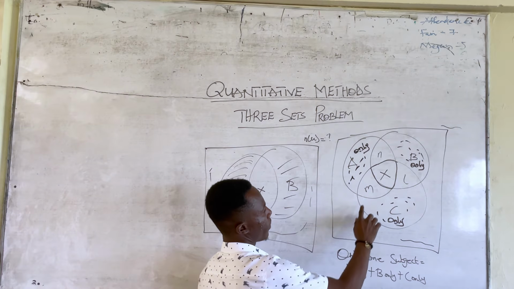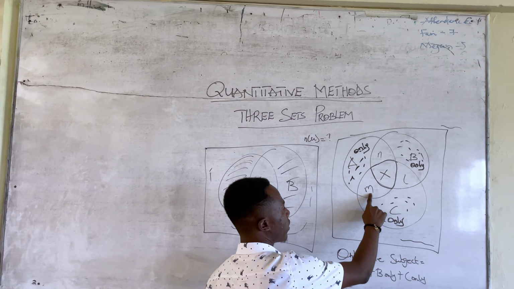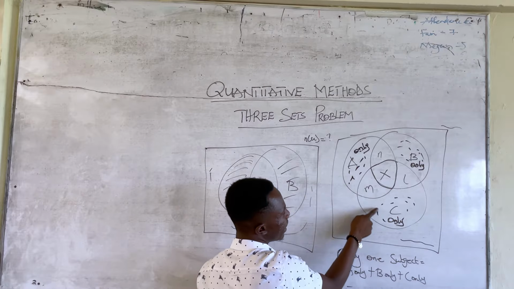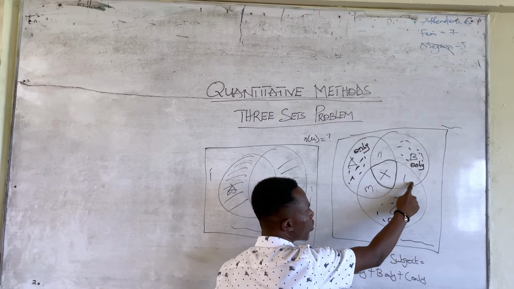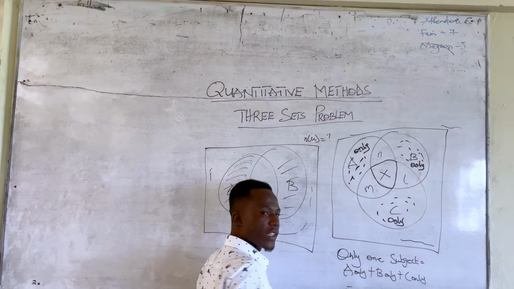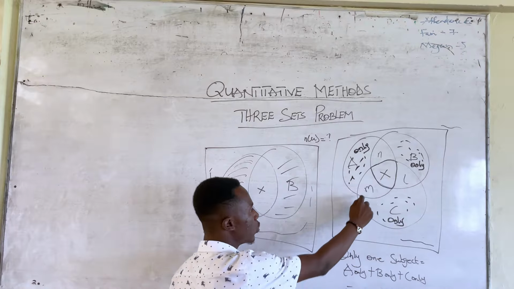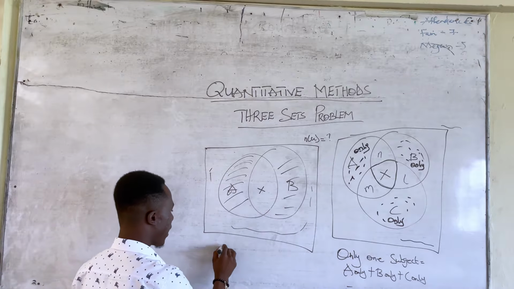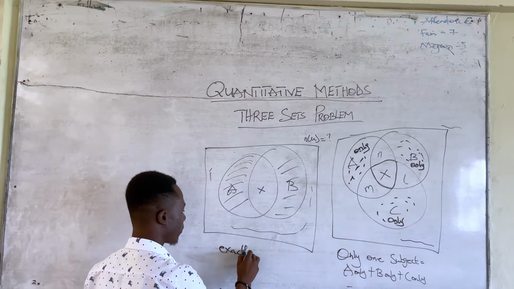It means you have this one, this is two subjects. And what are the two subjects? That is A and C. So two subjects. This is also two subjects. This is also two subjects. So exactly two subjects means you are going to add this, and this.